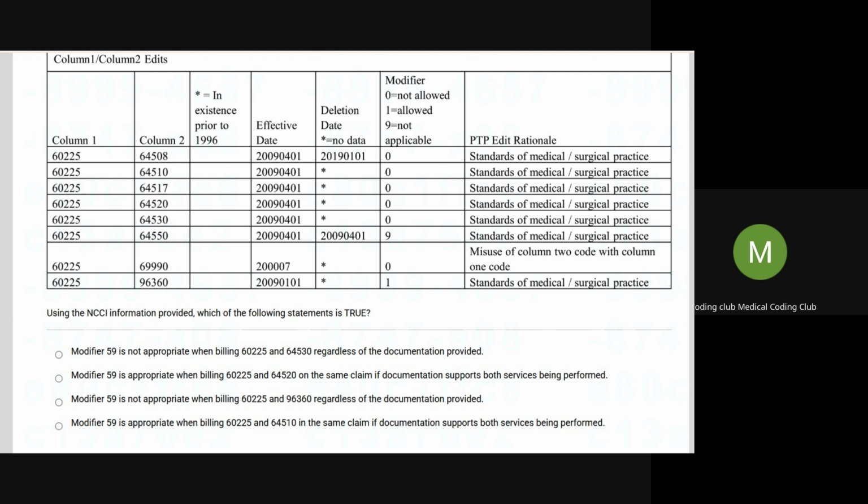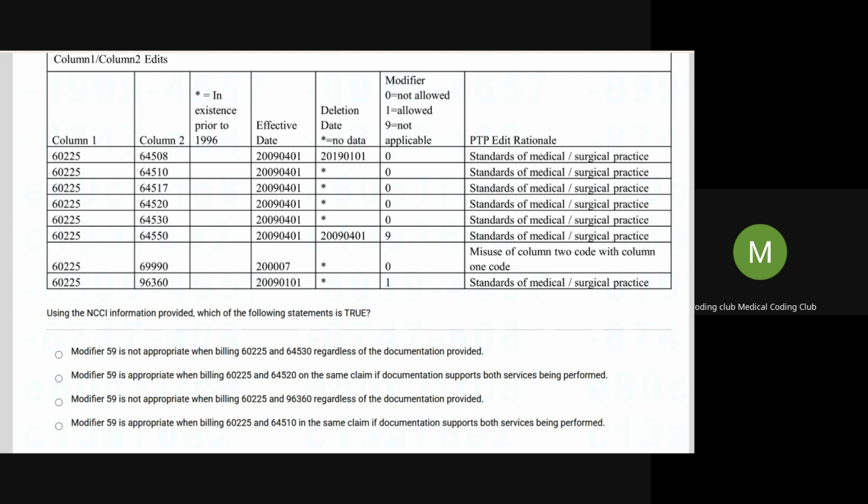It's not that column 1 always has a higher dollar value or higher payment. But column 1 has coding priority in the NCCI edit because it is the comprehensive code.